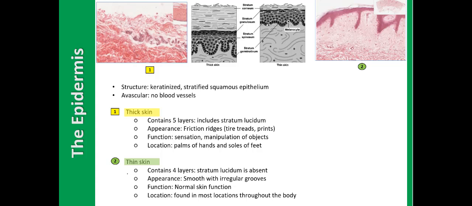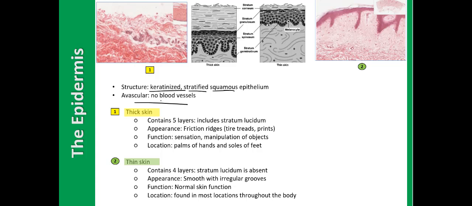When we look at the topmost layer, that is the epidermis, what we can see here is that, as I said, it's avascular, with multiple layers. The top layer is flat, so stratified squamous, right? And it contains keratin, so it's considered keratinized stratified squamous epithelium.